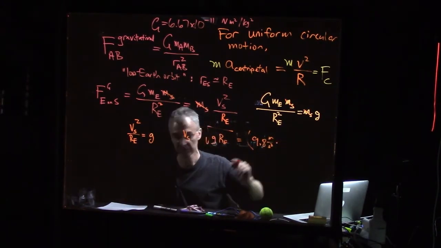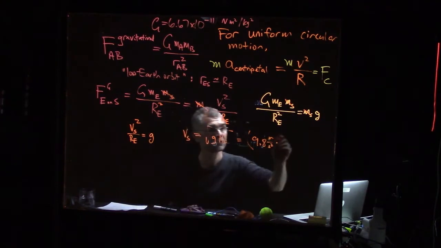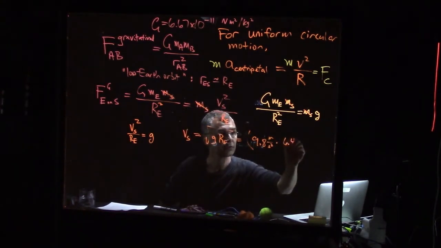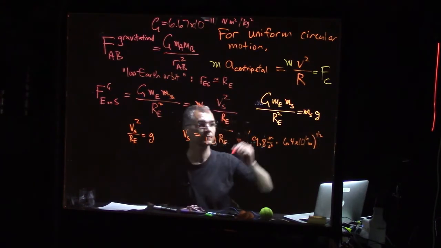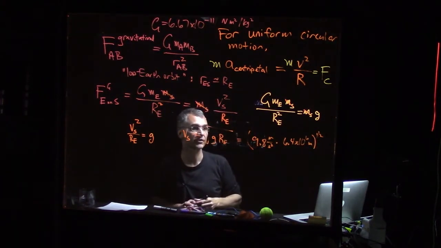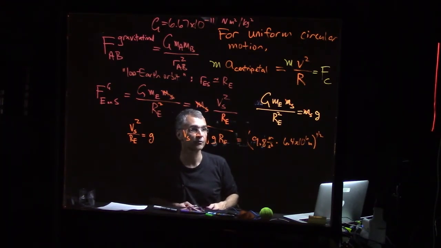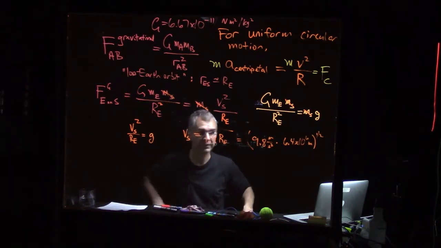And Earth's radius is 6,400 kilometers, so that's 6.4 times 10 to the 6th meters. There's the 1/2 power. 6,400 kilometers is 6.4 million meters. Let's see what we get.